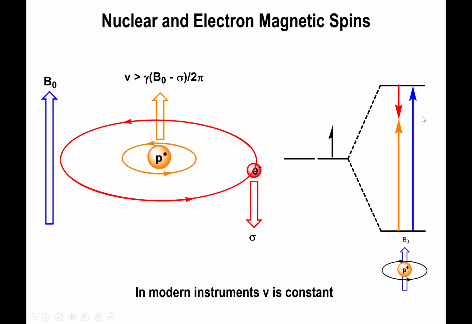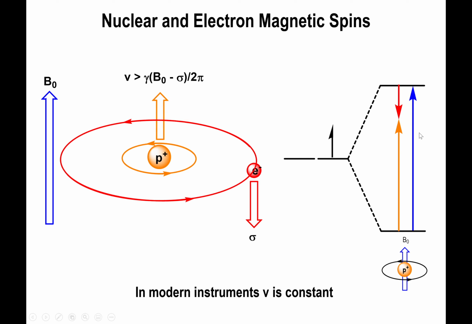So you could look at it this way: you are kind of decreasing the amount of strength that the magnetic field has, and so instead of having to go just up until where the orange line goes, the electron magnetic field is kind of decreasing the power associated with the external magnetic field.